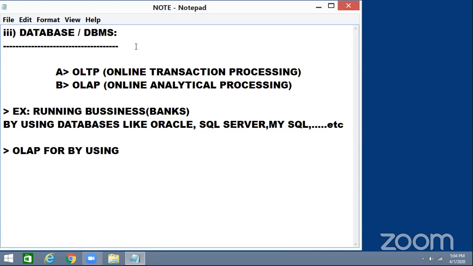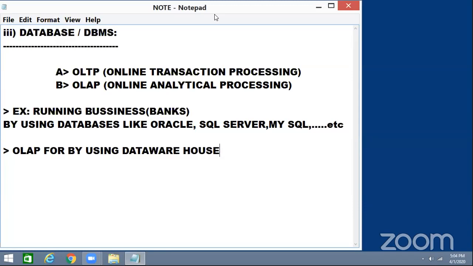By using data warehouses. So for OLAP purposes, I'm not using Oracle, SQL Server, or MySQL. Carefully remember, I'm not using those things. I'm using a separate thing called a data warehouse.